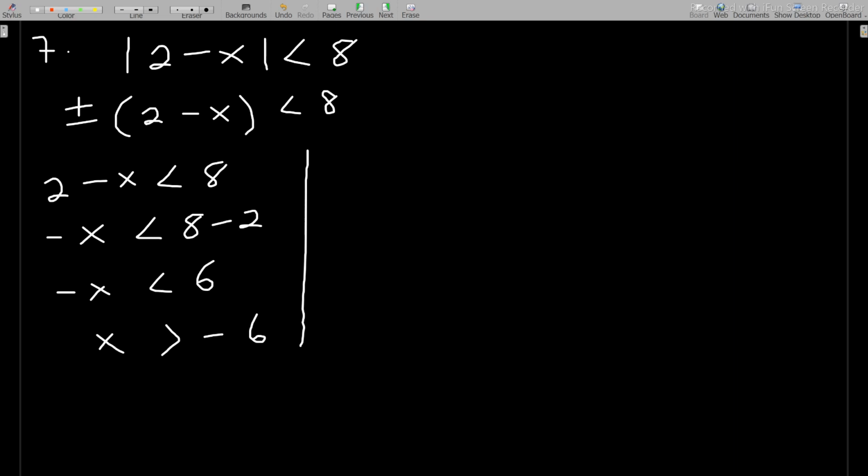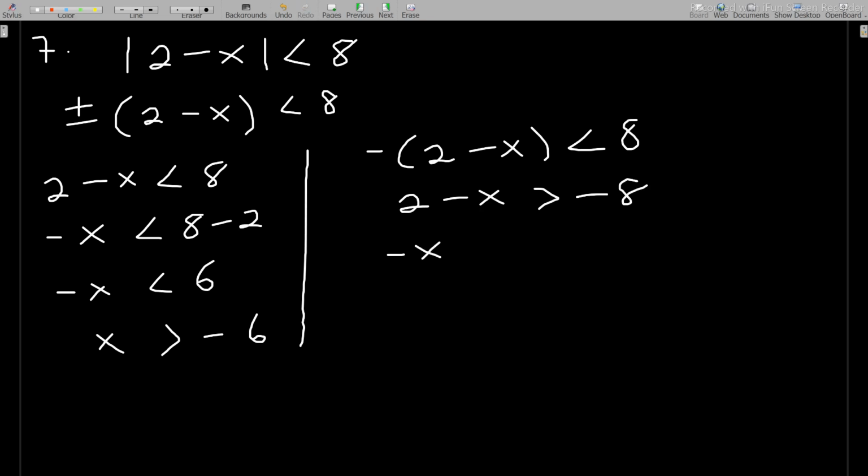Now you go to the second part, where you have negative into 2 minus x is less than 8. So I have to divide through by negative, and I'll have 2 minus x greater than negative 8, since I'm dividing through by negative. Now I have negative x greater than negative 8 minus 2.